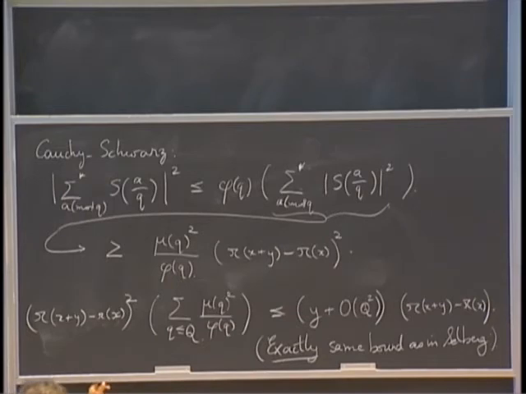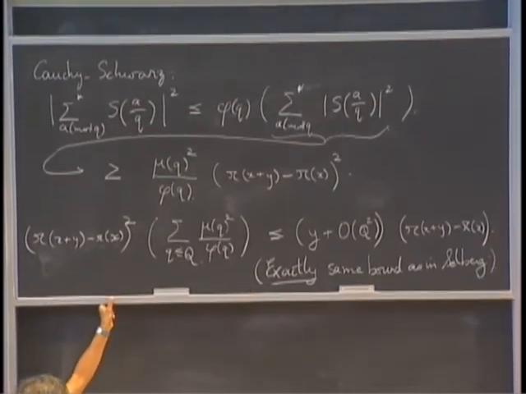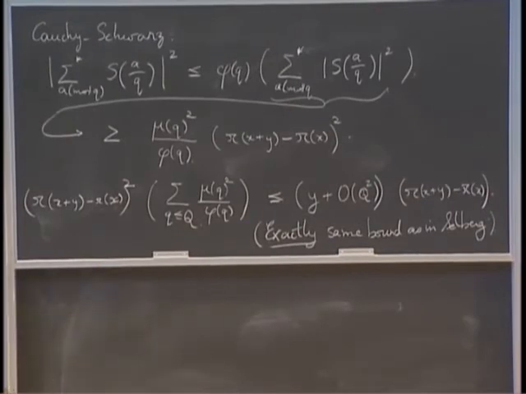And maybe, if someone wants, this might be yet another project to think about, which is why do you get the same answer in the large sieve and the Selberg sieve? And there are some old papers that I can give references to which deal with this. Okay.